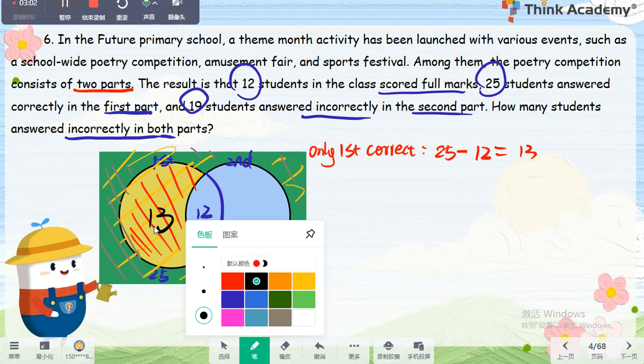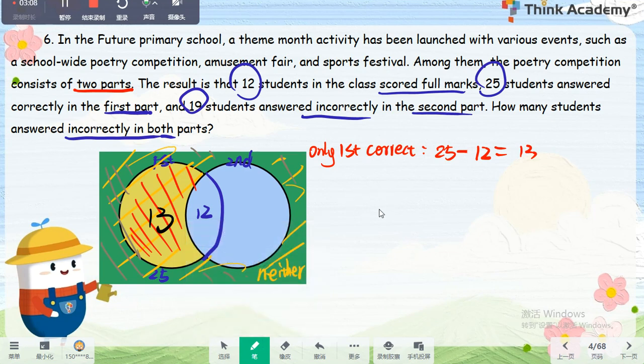In this way, we can get in the red shaded part, there are 13 students. And because altogether there are 19 students who answered incorrectly in the second part, we need to take away the 13 from this 19 to get who gets neither correct, which should be 6.